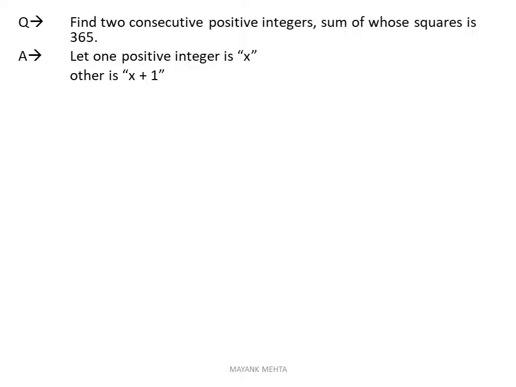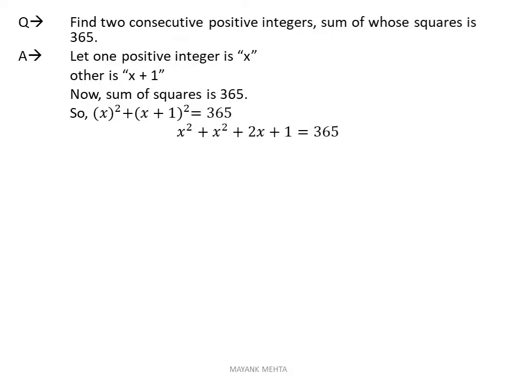Remember this thing, a negative number should not be there in the answer. So one is x, the other is x plus 1. The sum of whose squares is 365. That means x square plus (x plus 1) square is 365. If you simplify this, then x square plus 2x plus 1 is equal to 365.